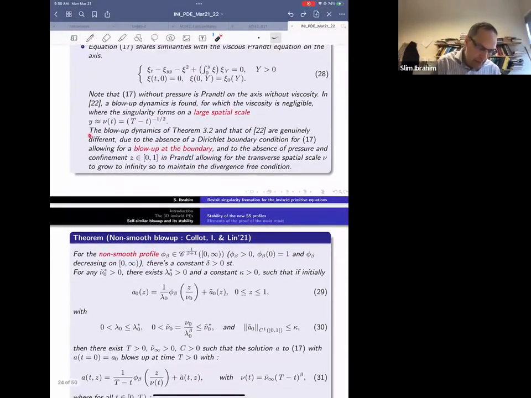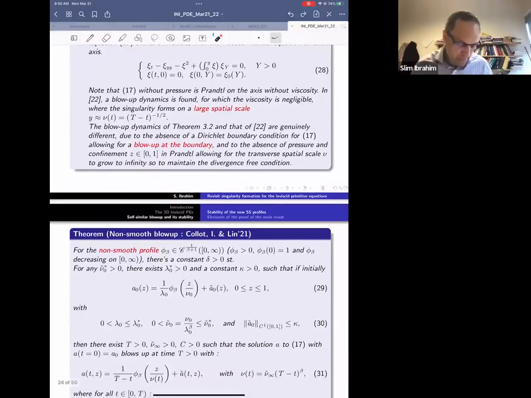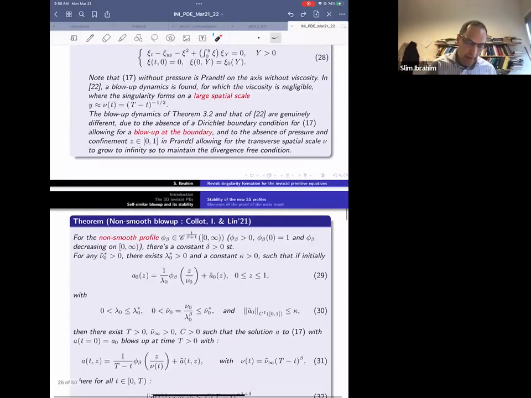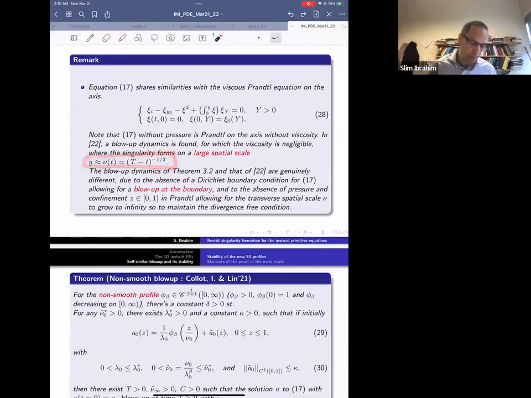As I said, the blow-up for Prandtl cannot happen at the boundary, whereas for the primitive equation it happens really at the boundary z equal to 0. The reason why the blow-up for Prandtl goes to infinity is to preserve the incompressibility.